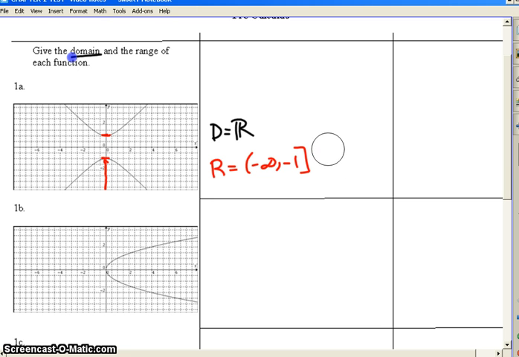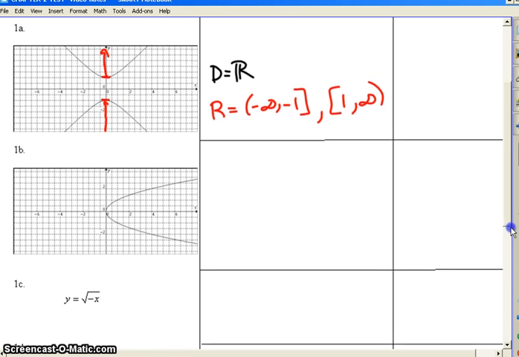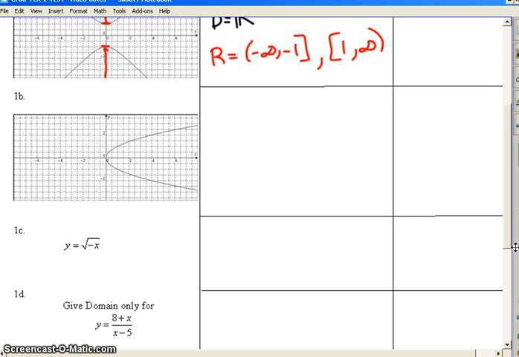Actually, there's no union there because it doesn't show. And then from 1 to infinity. And so on number 1b, you would look at it the same way. Look at your x and y axis.